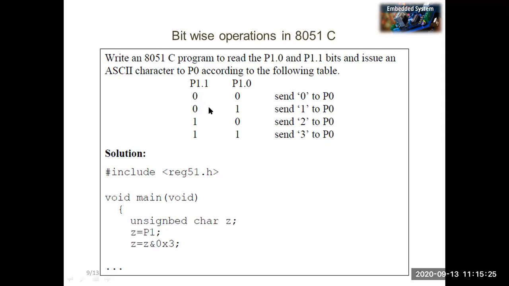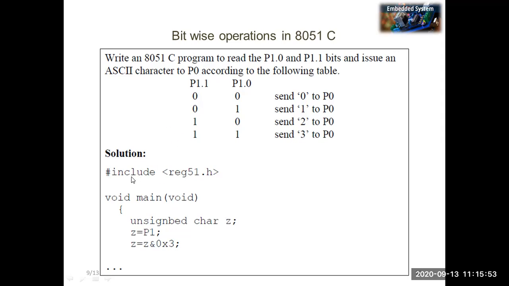If these bits P1.0 P1.1 are 0 1, then send the ASCII code of number 1 to port 0. Similarly, if these bits are 1 0, then send the ASCII code of number 2 to port 0, and if these two bits are 1 1, then send the ASCII code of number 3 to port 0. This is the program.